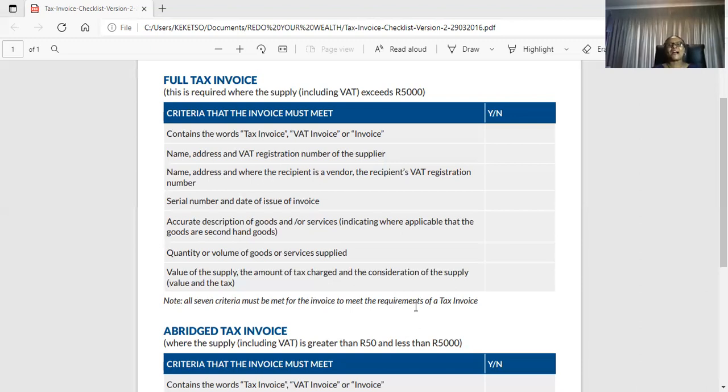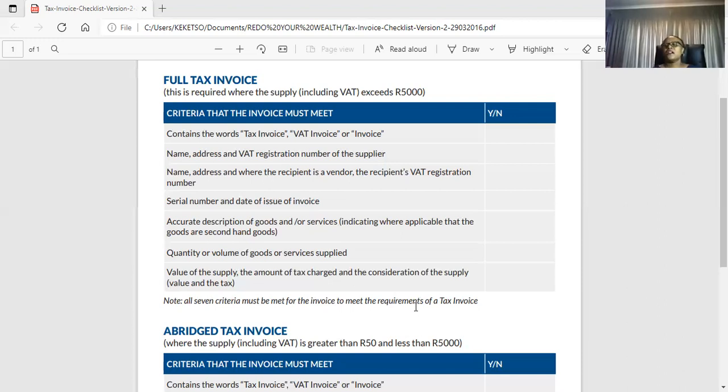The other thing, there must be an accurate description of goods and/or services, indicating where applicable if you have sold second-hand goods. When you're writing that invoice, you've got to indicate this was for second-hand goods, because that has an allocation when we claim for VAT.